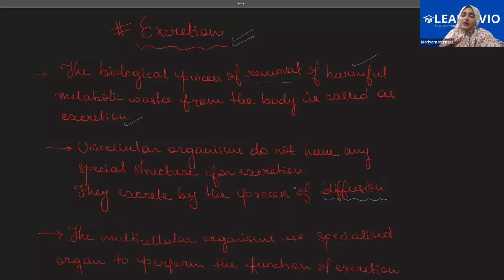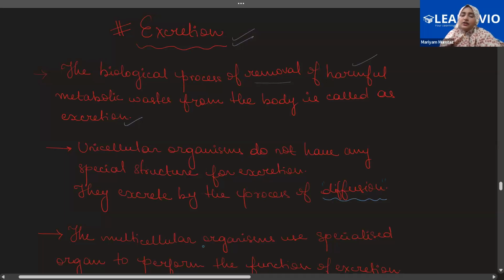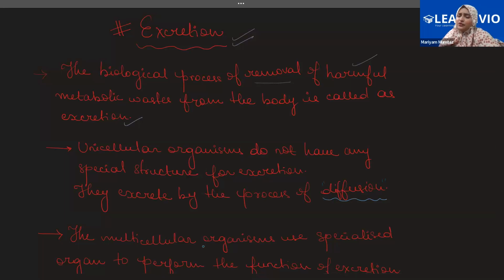And their body does not require any high energy or high mechanism function. So that is why diffusion suffices: the movement of substances from a region of higher concentration to lower suffices in the case of unicellular organisms.